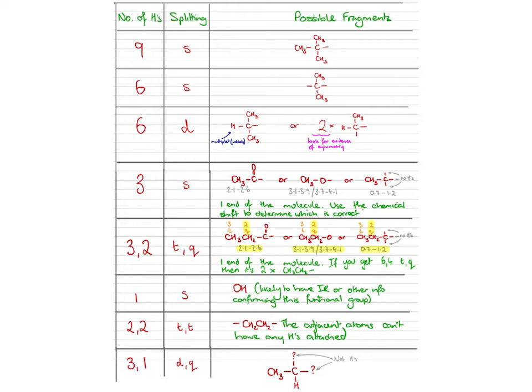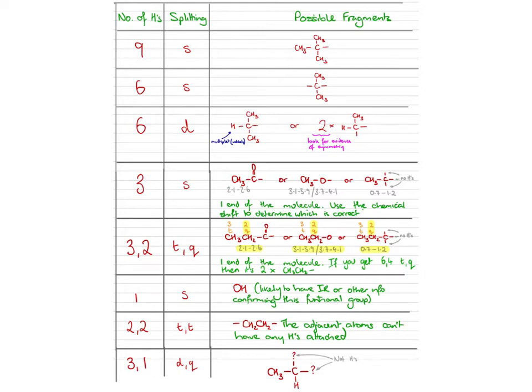But if you see a triplet and a quartet, so you've got 2 signals, and the triplet has 3 hydrogens and the quartet has 2 hydrogens, then straight away you know that is an ethyl group, and it's an ethyl group attached to something that doesn't have any hydrogens attached to it.